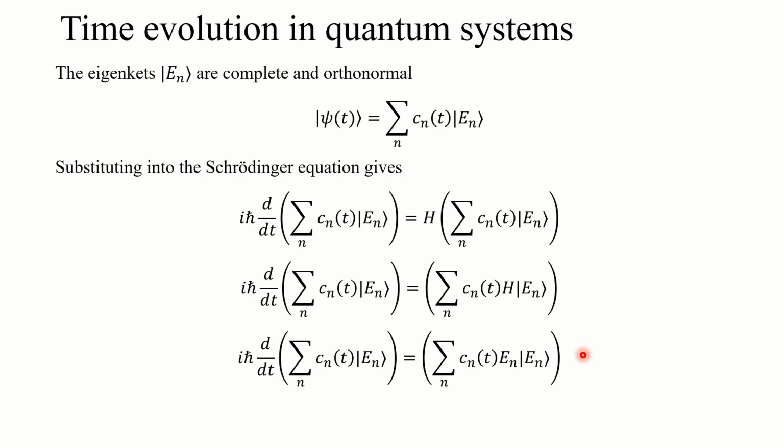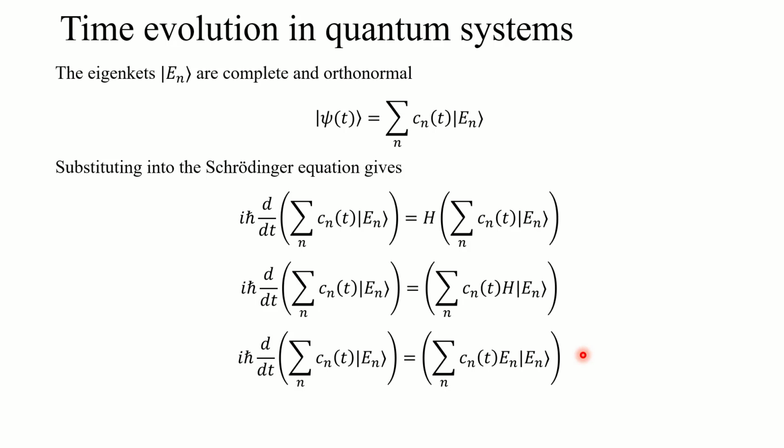One thing I want to say is we've assumed that the Hamiltonian is not time dependent here. If the system was changing so that the potential energy changed over time, then those energy eigenstates would actually change as well.